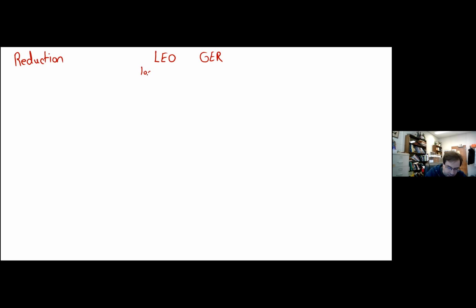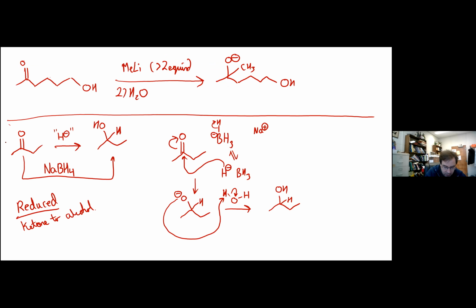Loss of electrons is oxidation. Gain of electrons is reduction. So we reduced the ketone to the alcohol.